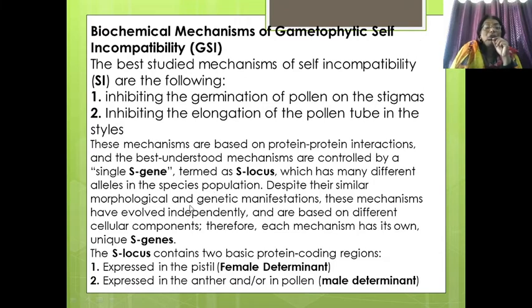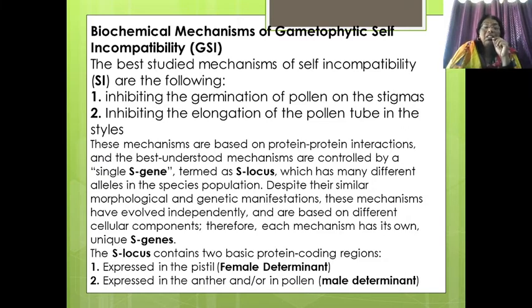Despite their similar morphological and genetical manifestations, these mechanisms have evolved independently and are based on different cellular components. Therefore, each mechanism has its own unique S gene system.